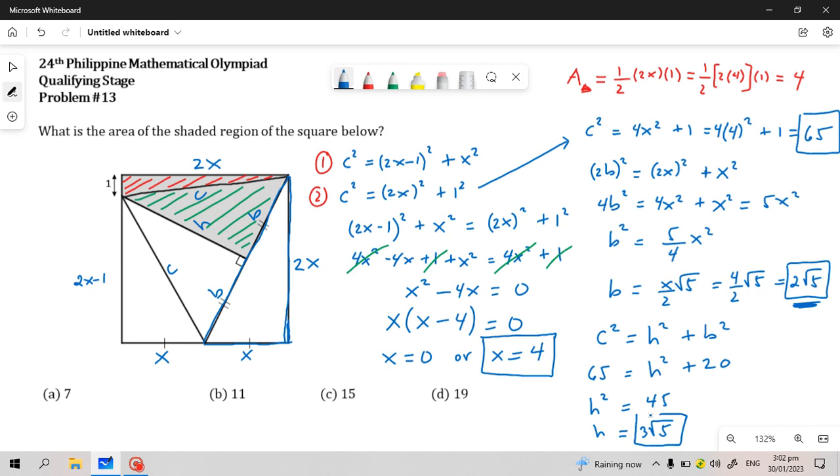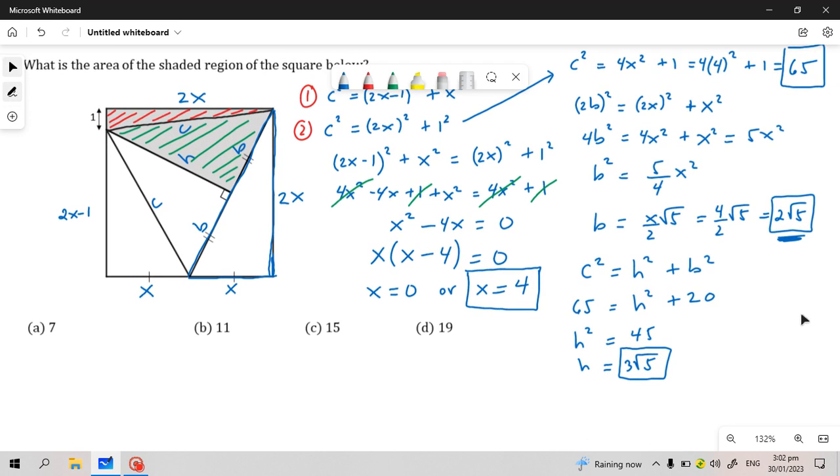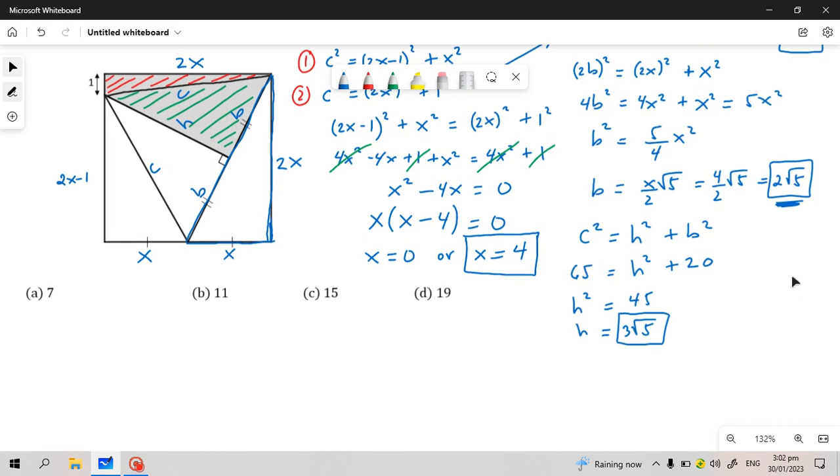We are ready to find the area of the green triangle. Okay, let's do that. Let's use color green. So the area of the green triangle is equal to 1/2 times b times h.